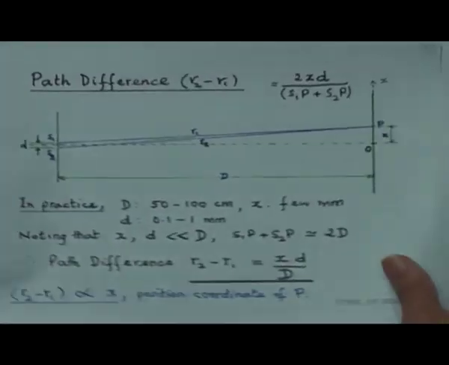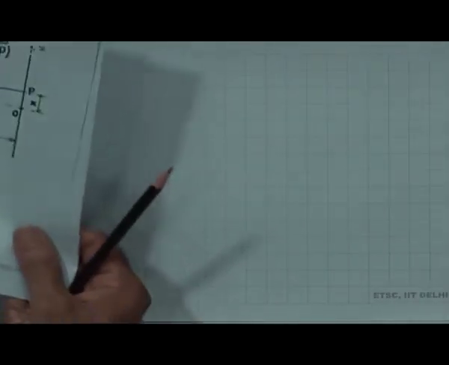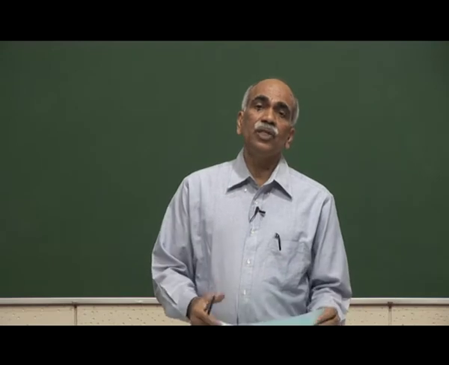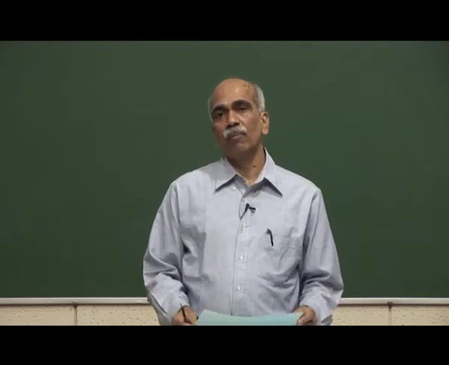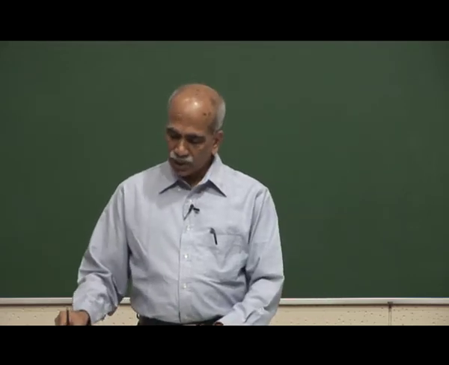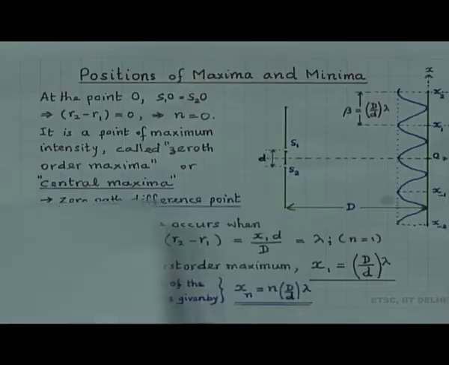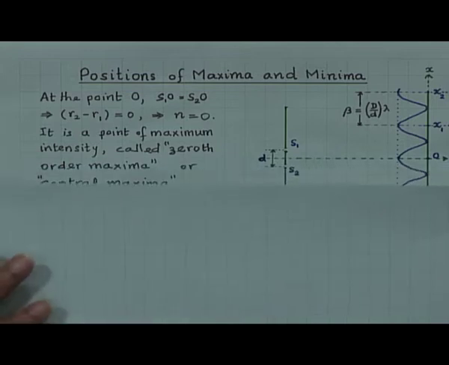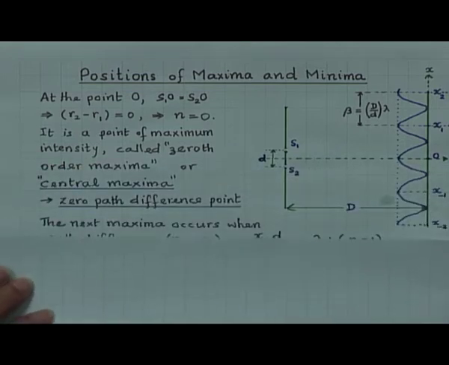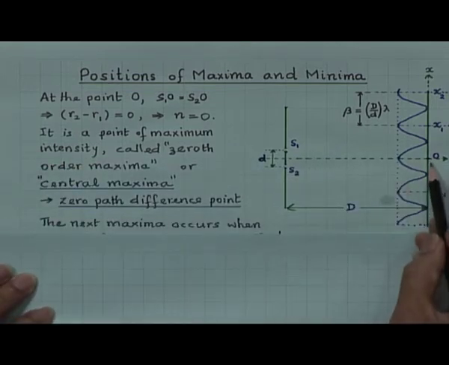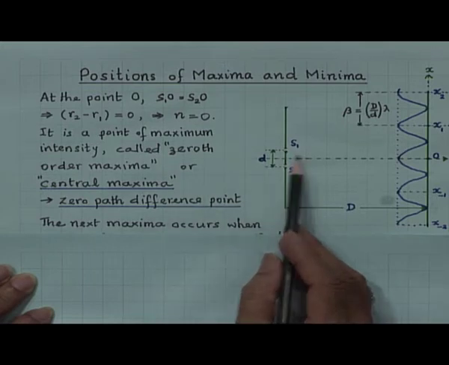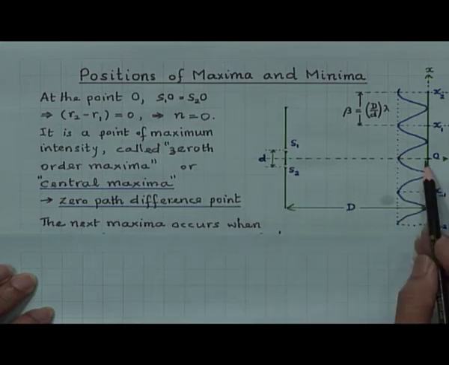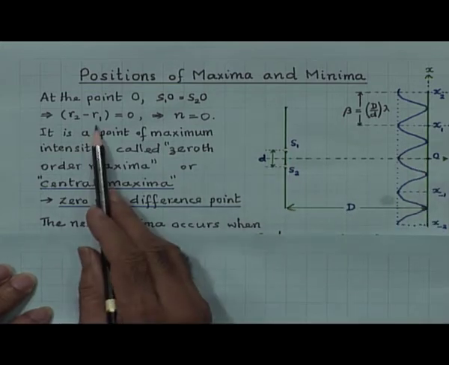So, let us see the position of maxima and minima. We have seen the condition for maxima and minima. Now, let us see the position x for maxima and minima. At the point O, which is on the perpendicular bisector here, S1O is equal to S2O, means R1 is equal to R2.